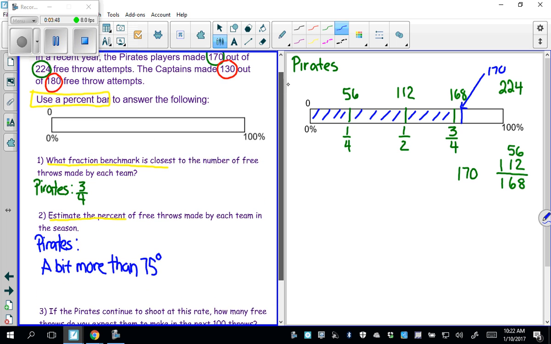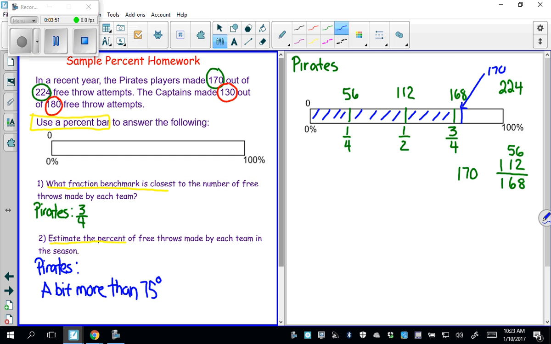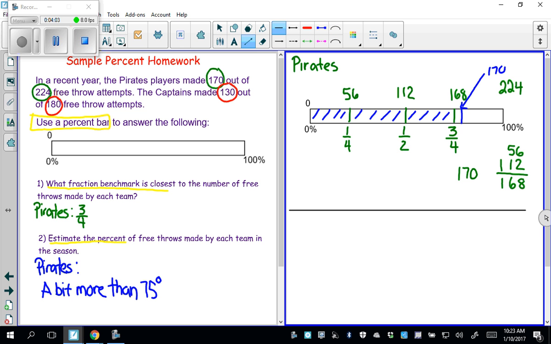Then we can repeat the process for the Captains. Since I kind of demonstrated a percent bar, let's talk about reviewing a ratio table for the Captains, and maybe we can tie that in. We know that the Captains made 130 out of 180.